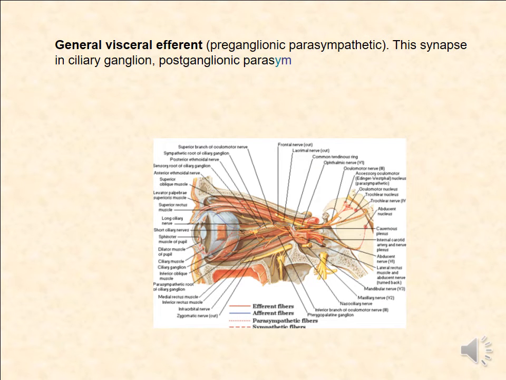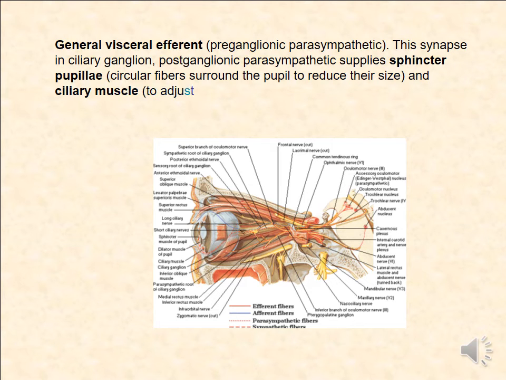The general visual efferent: how can a patient see through the optic nerve? We have preganglionic parasympathetic nerve fibers, which synapse in the ciliary ganglion.